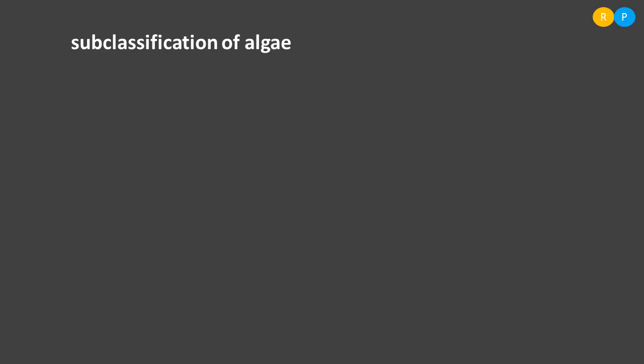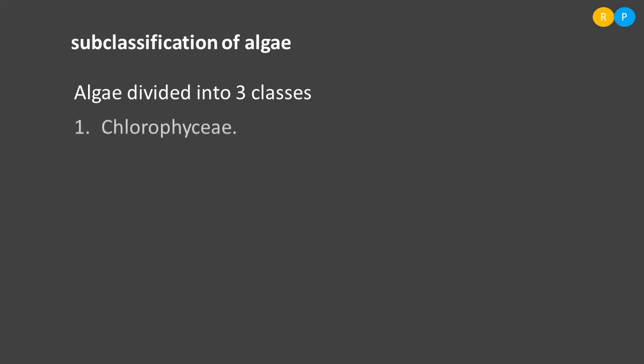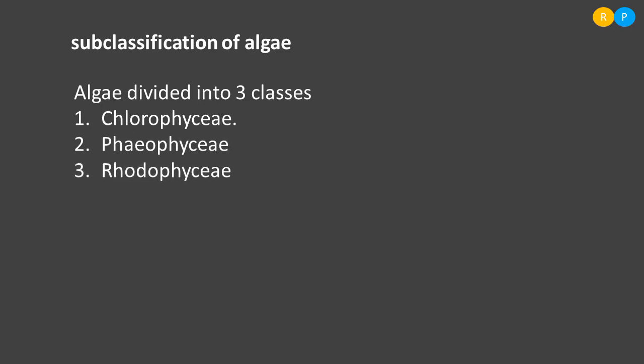Based on these certain characteristic features, algae are subclassified into three different classes. The first class is Chlorophyceae, the second one is Phaeophyceae, and the third one is Rhodophyceae. So these are the three different classes of algae.